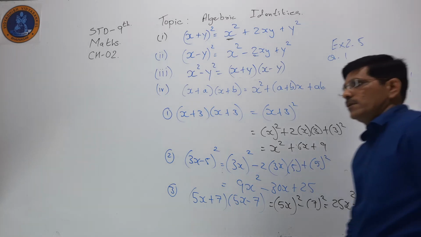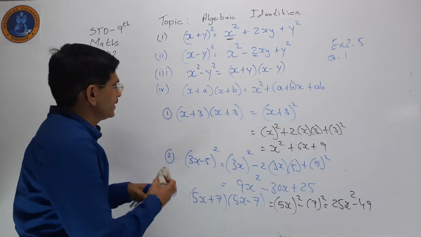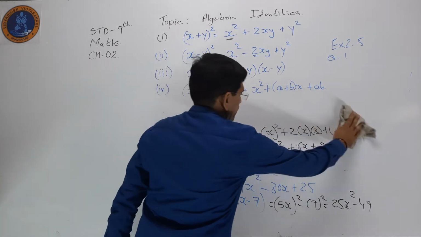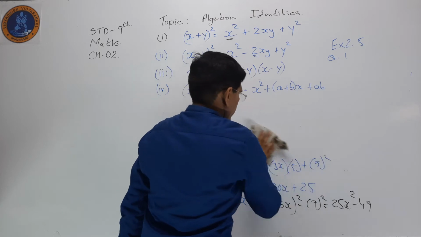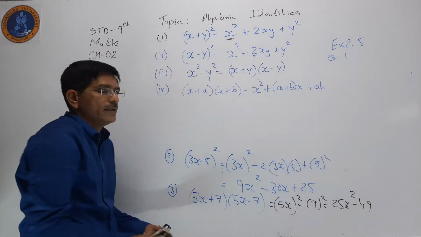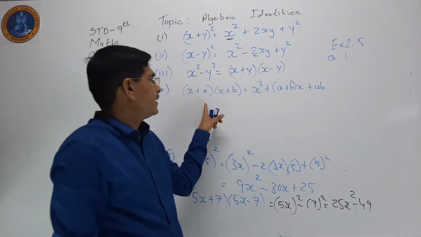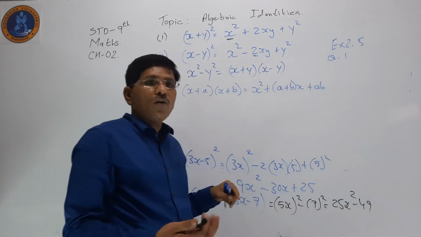I hope you have written it. Then I have to go for the fourth identity. So first I remove this sum, and we go for the third identity, that is (x + a)(x + b). How do we remember it?